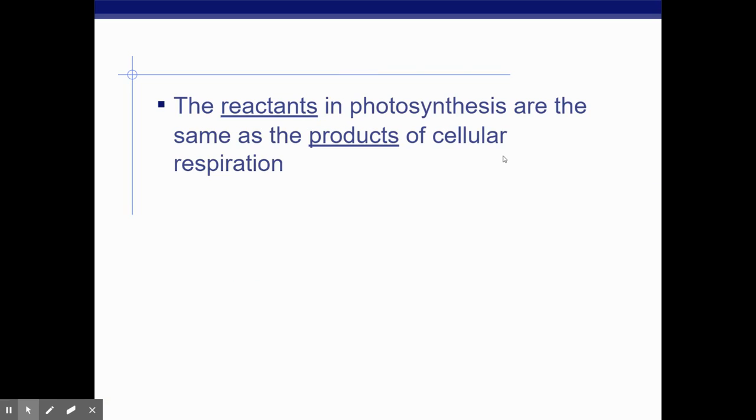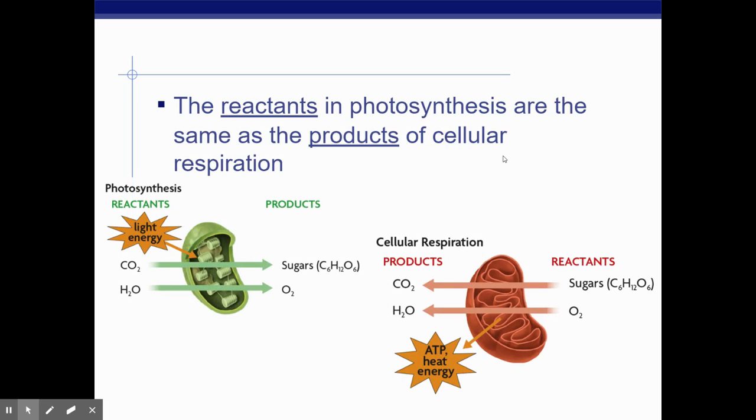Okay, so something to know is that the reactants in photosynthesis are the same as the products of cellular respiration. It's going to be important for you to know how these two reactions are related to each other, and this is how. Okay, so you're going to have to know both processes. So you can see the reactants for photosynthesis are carbon dioxide and water. They're the same as the products of cellular respiration.